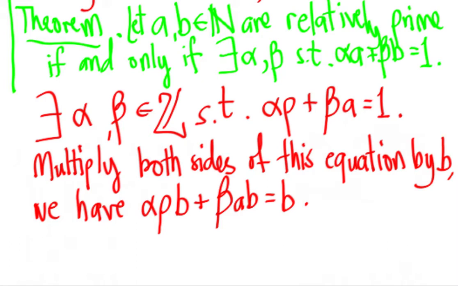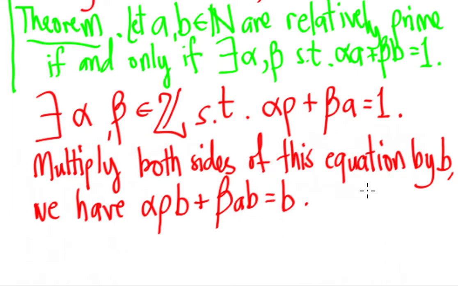From this equation, P divides alpha PB because it divides P, and P divides beta AB because it divides AB.